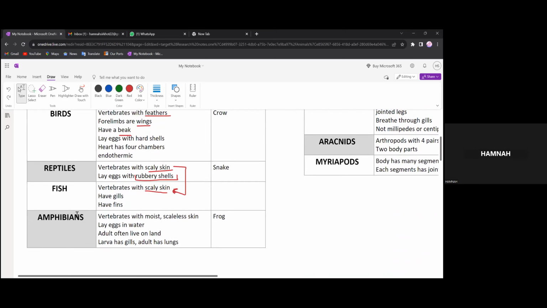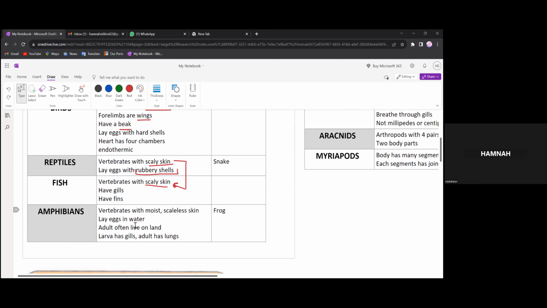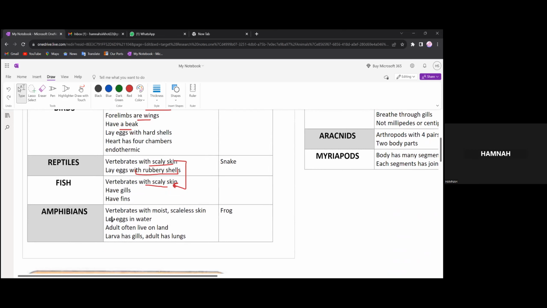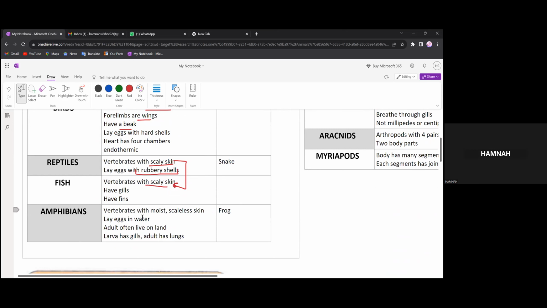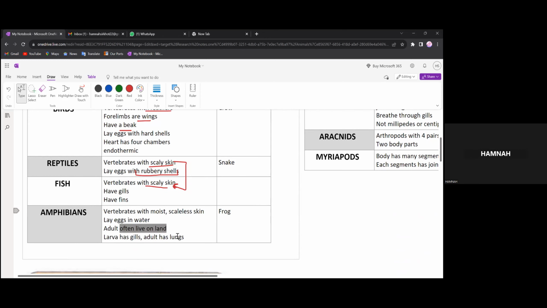They specifically lay their eggs underwater, right? There will be an exception if some lay their eggs on land. But when they grow out and turn into adults, they live on land mostly.